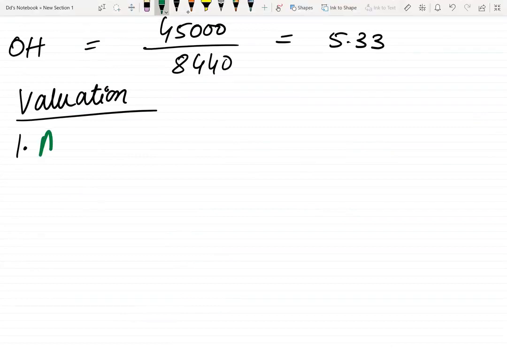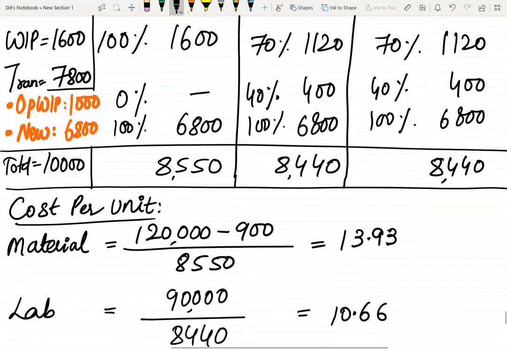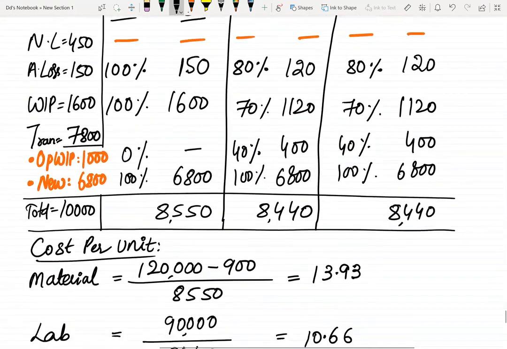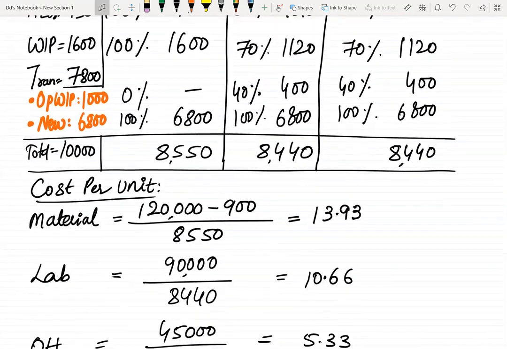Valuation. Abnormal loss. This is step 3, and step 3 is step 1 into step 2. Please go to your step 1 and see what all we have. For abnormal loss, 150, 120, 120.